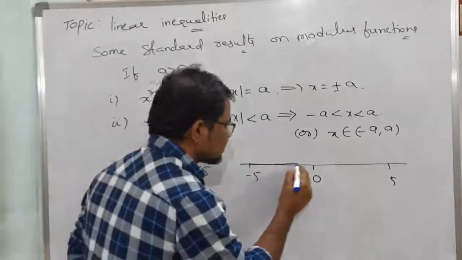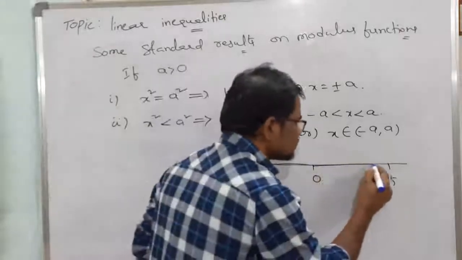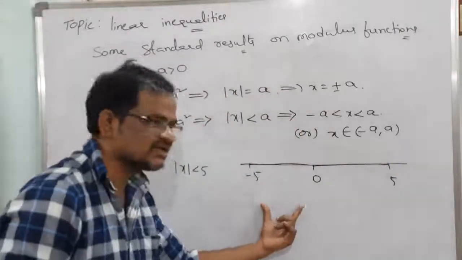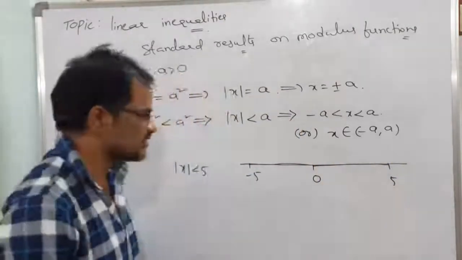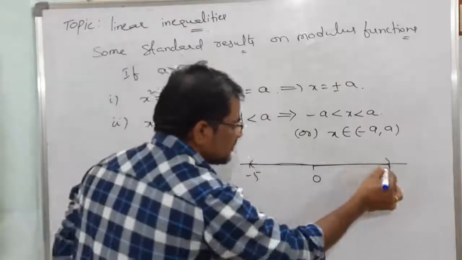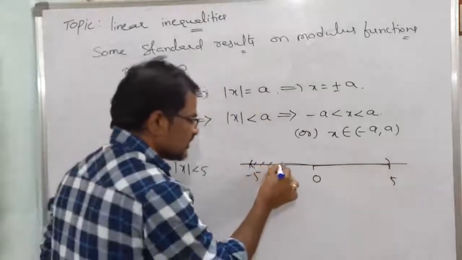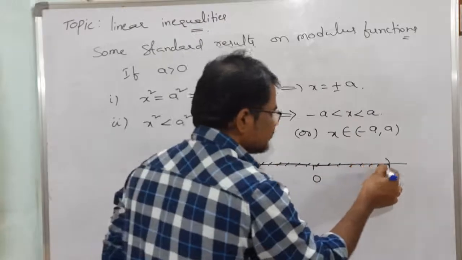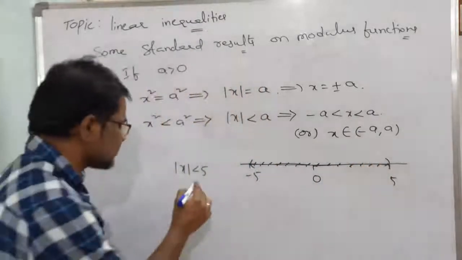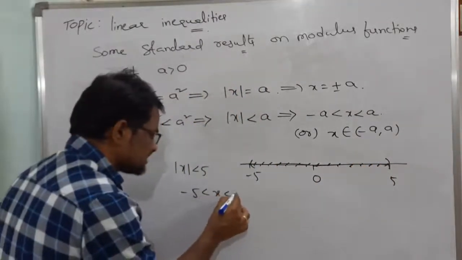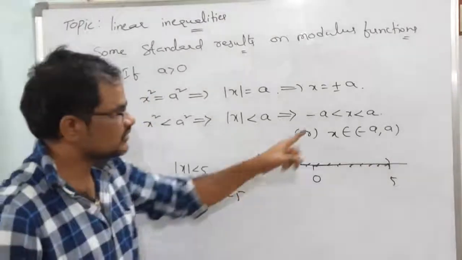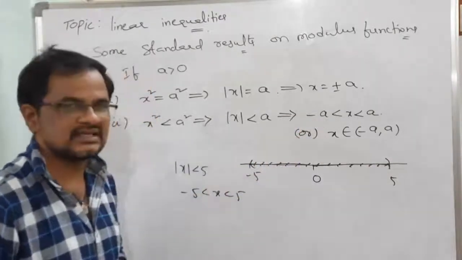Here to here is 5 units, here to here is also 5 units, but this is the negative side and this is the positive side. So x is located anywhere between minus 5 and 5, which we write as minus 5 less than x less than 5. By that you will get this condition.